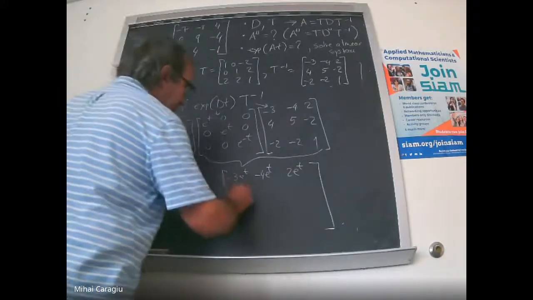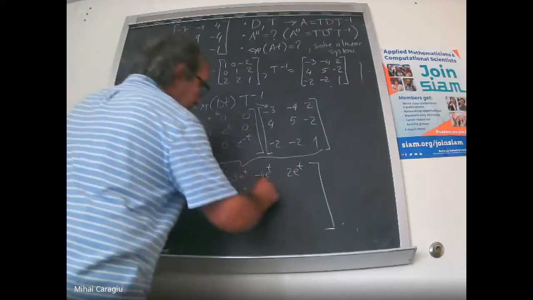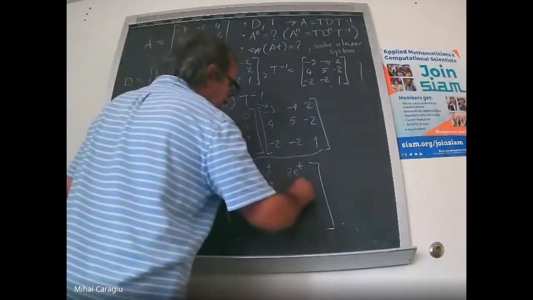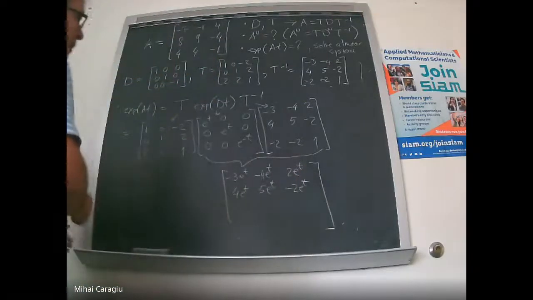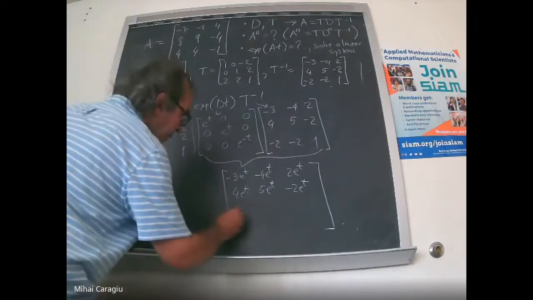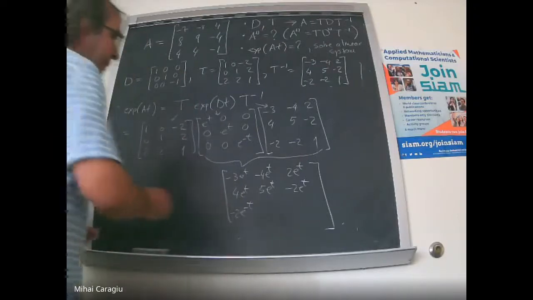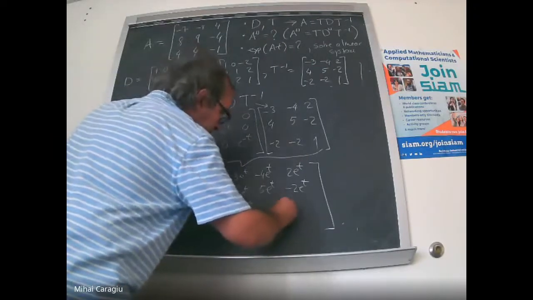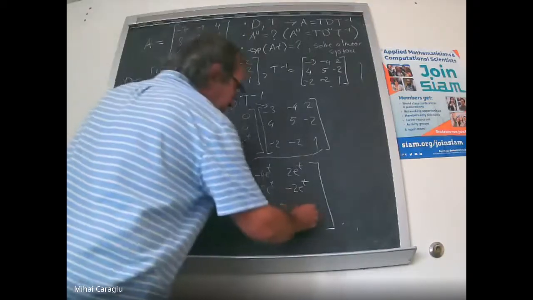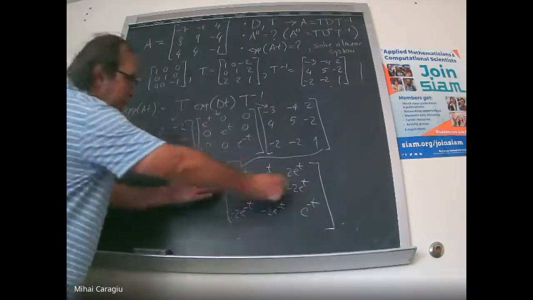Then 4 e to the power t, 5 e to the power t, minus 2 e to the power t. Then minus 2 e to the minus t, minus 2 e to the minus t, then e to the minus t. Then multiply this one on the left with this one on the right.